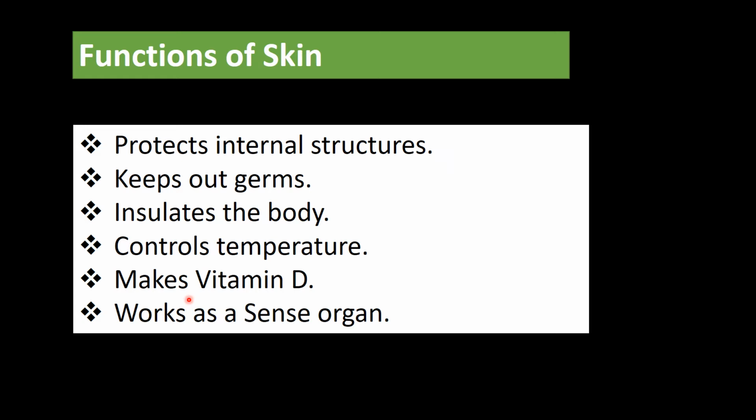Skin is responsible for producing vitamin D due to exposure to sunlight. The skin absorbs ultraviolet light and produces vitamin D, which is very important for our bones. Last but not the least, it works as a sense organ of touch, pain, temperature, coldness, heat, pressure, etc.